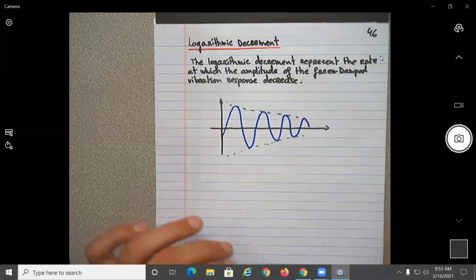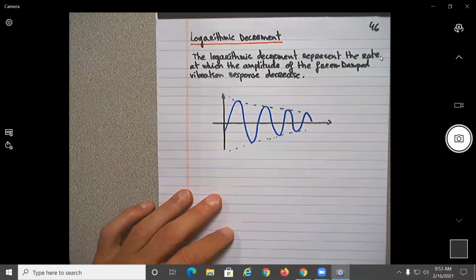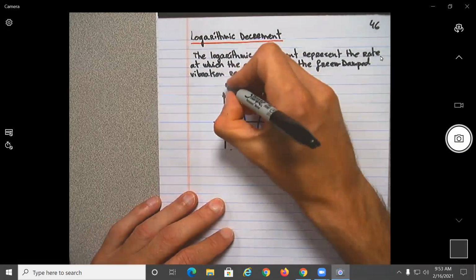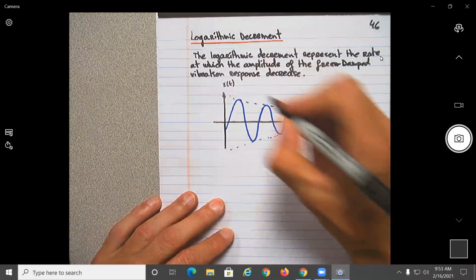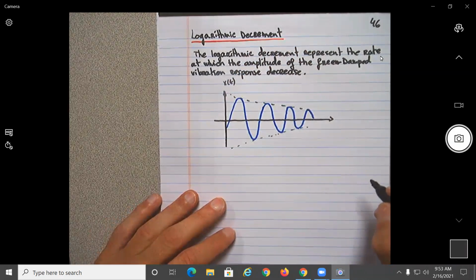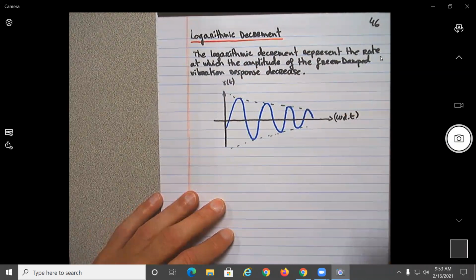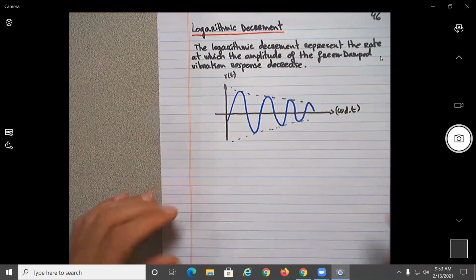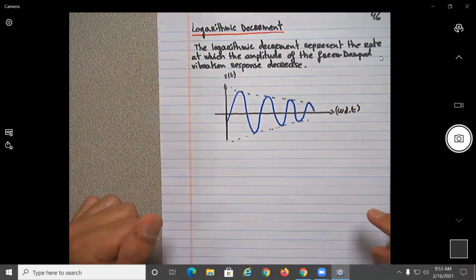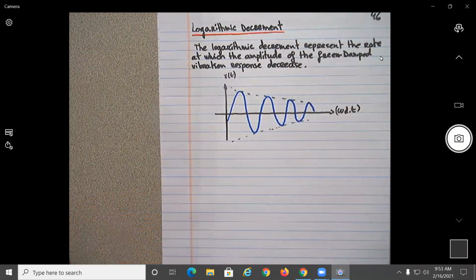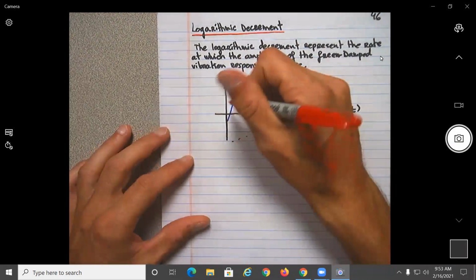Okay, and so on. And here this is really the time. I just put it because that's the way it is for the units. Okay, so we already have this figure.